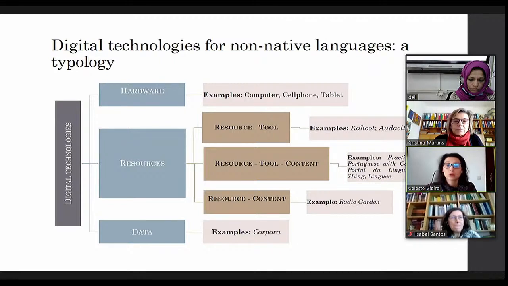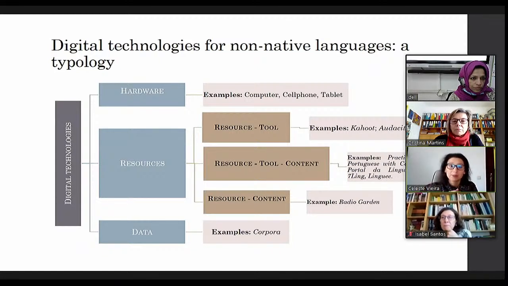Hardware includes all hardware such as computers, cell phones, tablets. The resources is a category that can be divided in three types: resource tool, resource tool content, and resource content. Resource tool includes digital technology without content, allowing addition by the user. Some examples of that are Kahoot and Audacity.